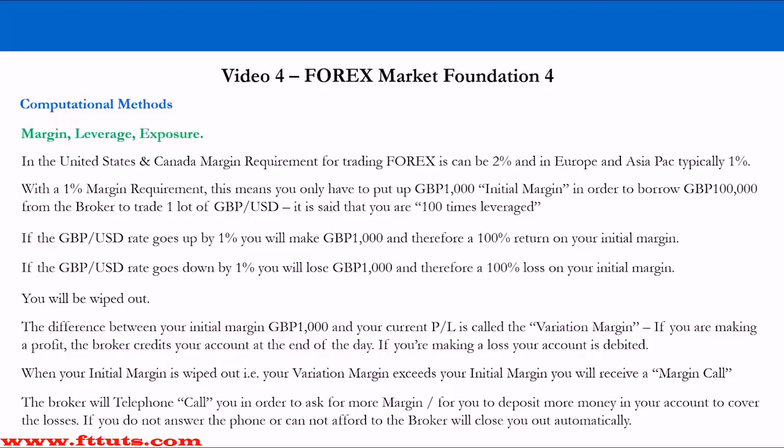Now, what's quite interesting is if we again look at things from the perspective of the retail Forex broker, because you may have noticed as we've gone through this slide that the brokers themselves use these terms called initial margin and variation margin and margin call.